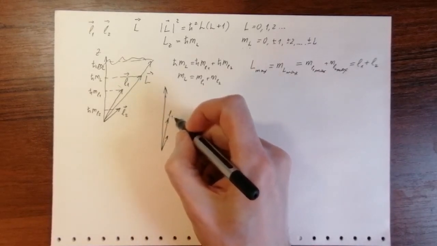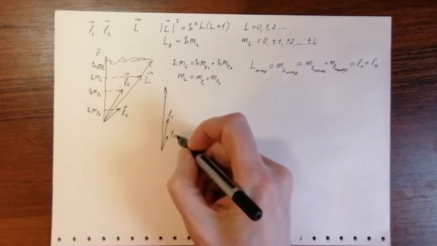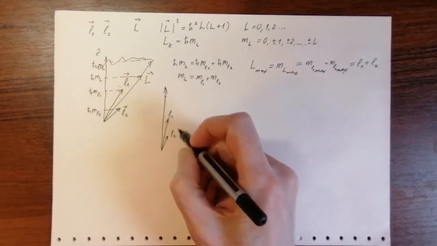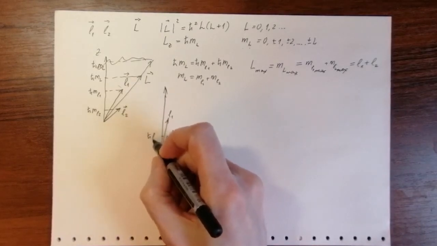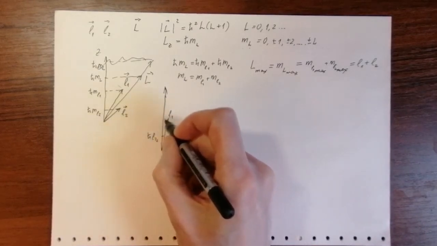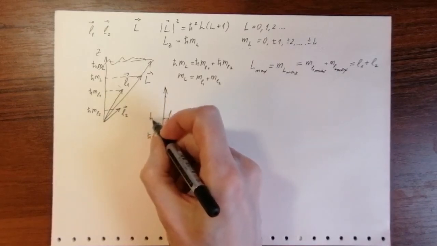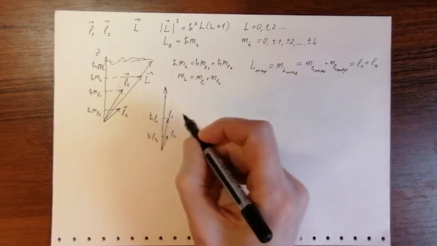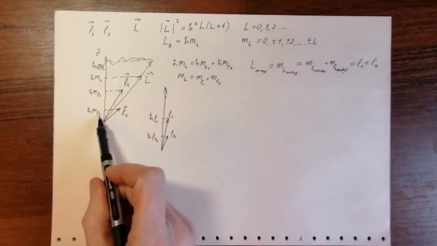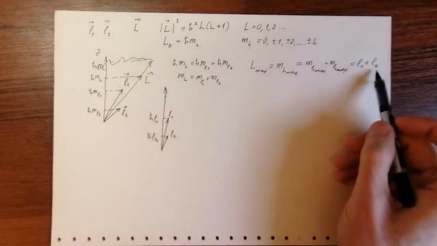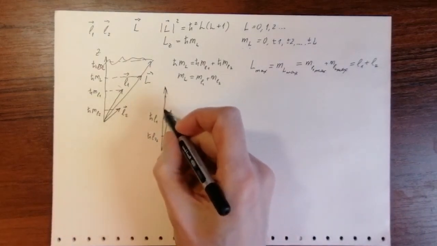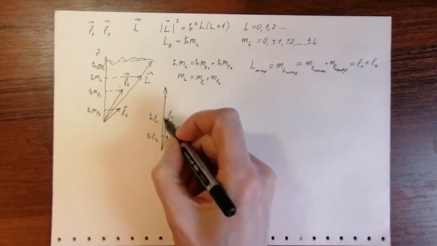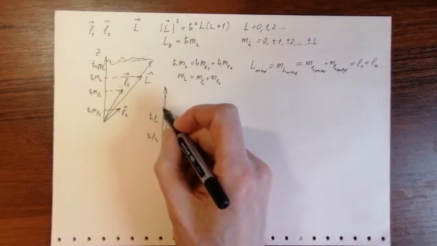This is h bar L2, this is h bar L1. I substituted here the maximal values, which are L2 and L1, and the sum of them is somewhere here.